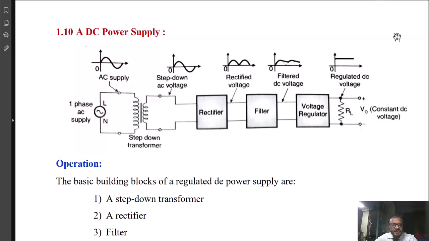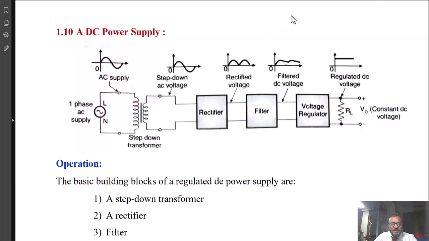Therefore, if the primary signal shown here is Vm sine omega t with the peak value 230 root 2, then the secondary signal is also Vm sine omega t with the peak value, say typically 15 into root 2. Wave shape is exactly the same, only amplitude is changed.